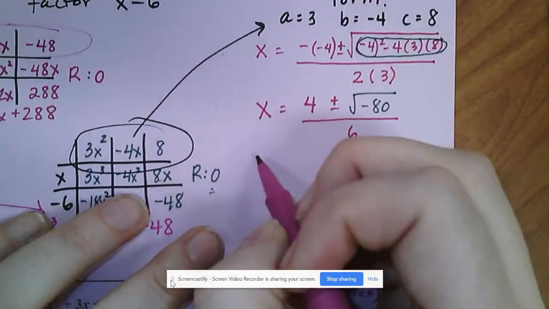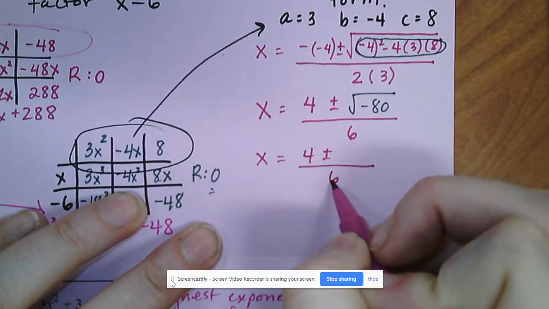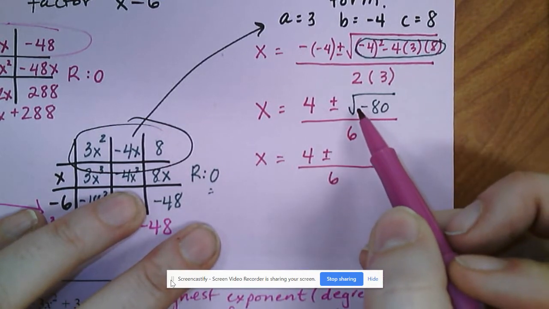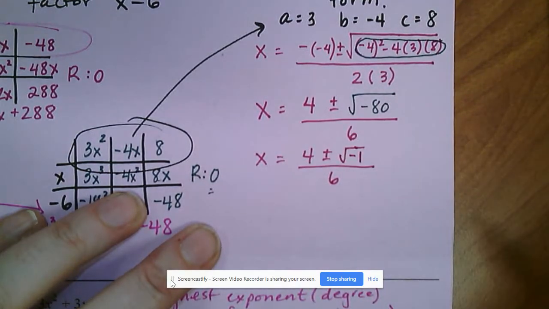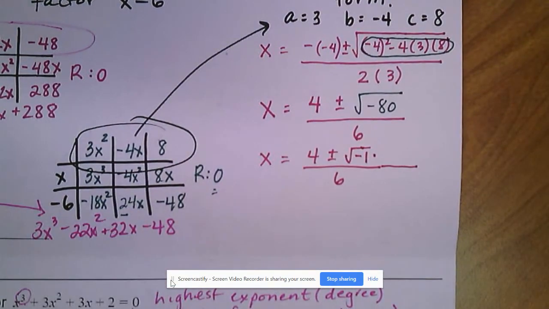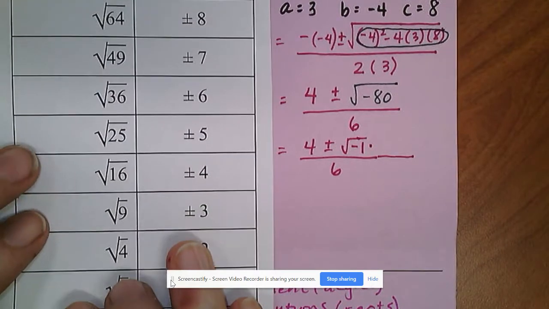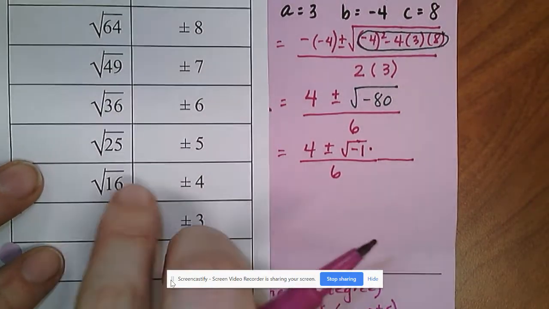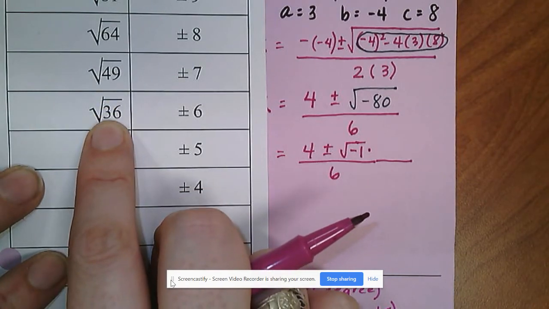All right, so this 4 is still here, and the 6 is still here. I'm going to take out that negative 1 first, because I know that can come out. That's going to become an i. And then I need to find the highest perfect square that goes into 80. So I'm going to take out my perfect square bookmark and my calculator, and I'm probably going to start around 49, maybe 36.